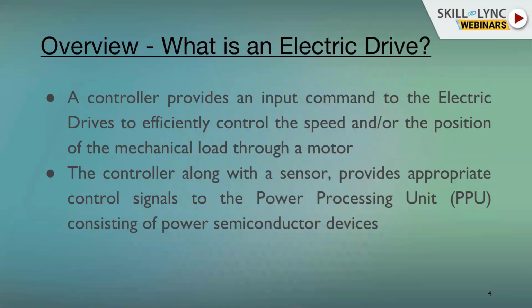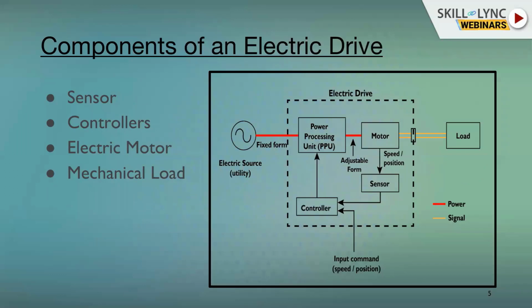So all of this put together, like what we see here in this figure, forms the electric drive. If you look at the figure, what we see is we are getting a fixed form of electric power from the source, and that is basically conditioned by the power electronics or the power processing unit, which drives the motor.